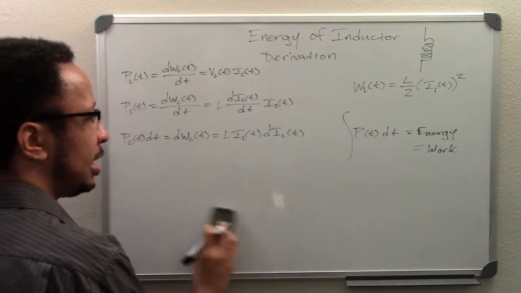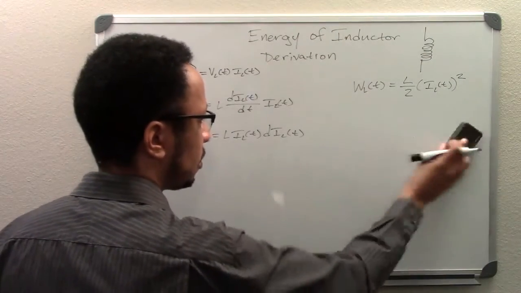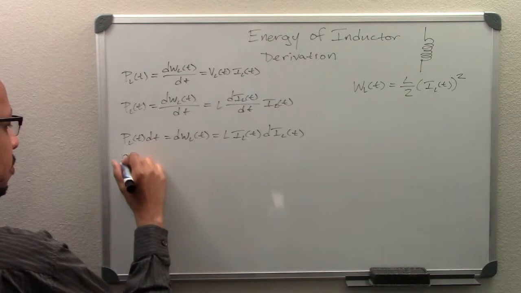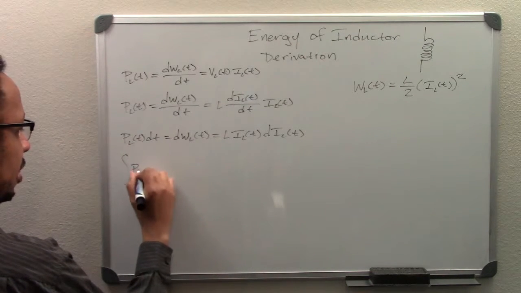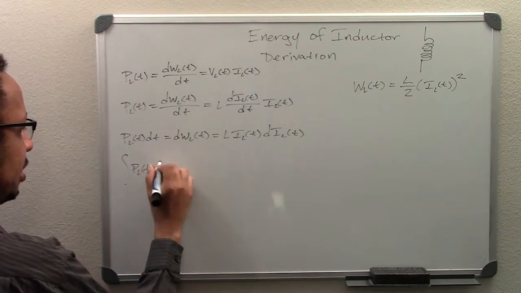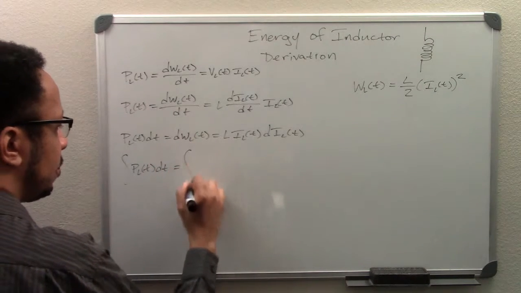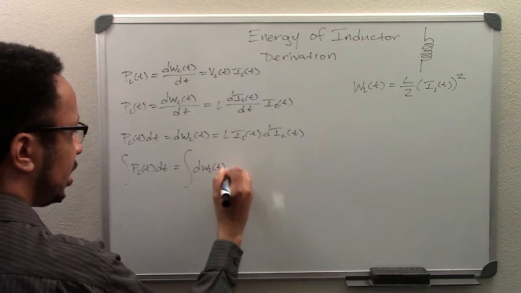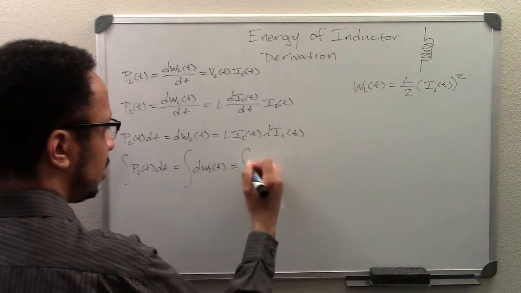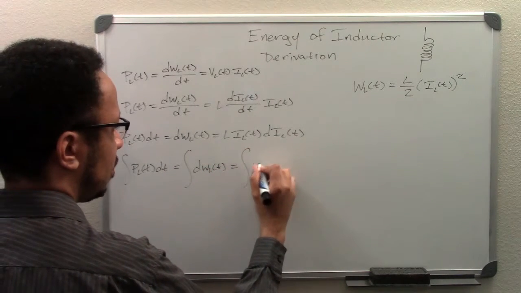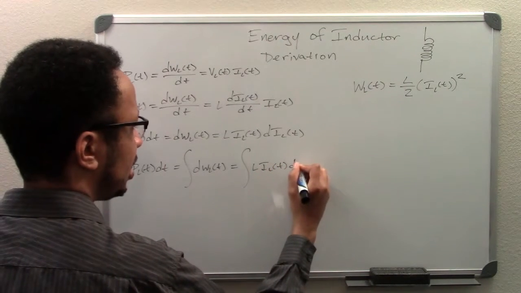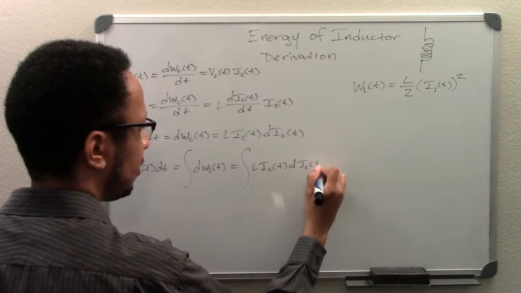And so we'll impose that over here and apply integration. So now we have the integral of p_L(t) dt equals the integral of dW_L(t), which equals the integral of L i_L(t) di_L(t).